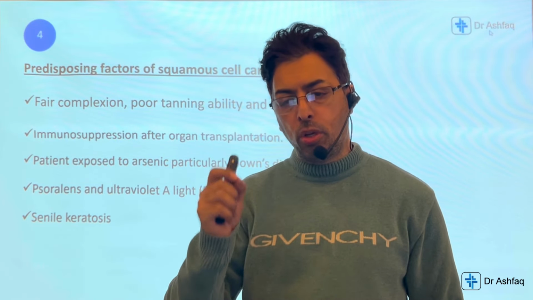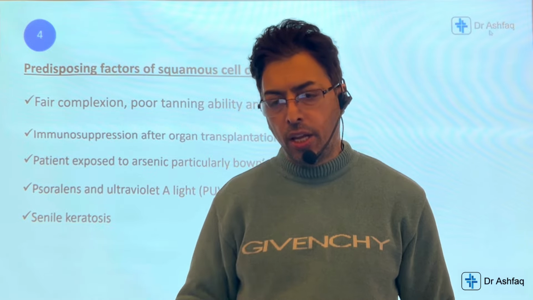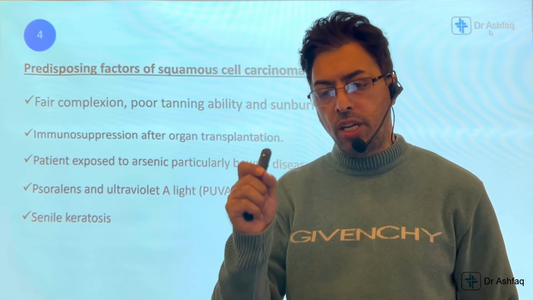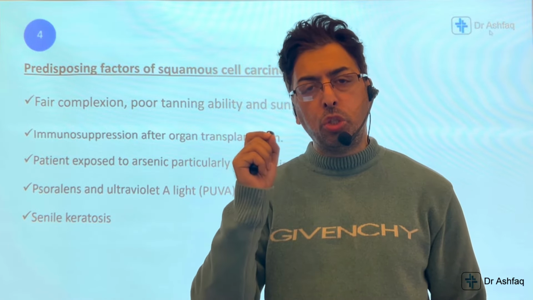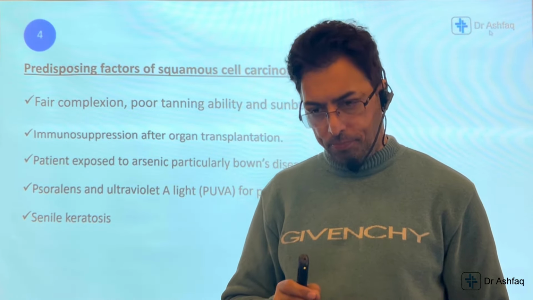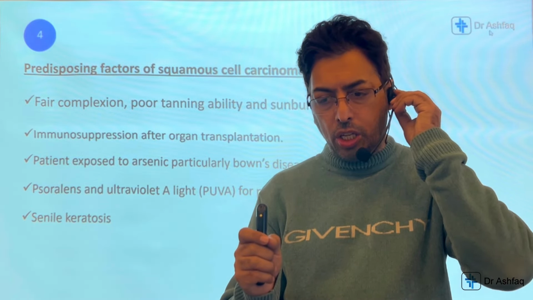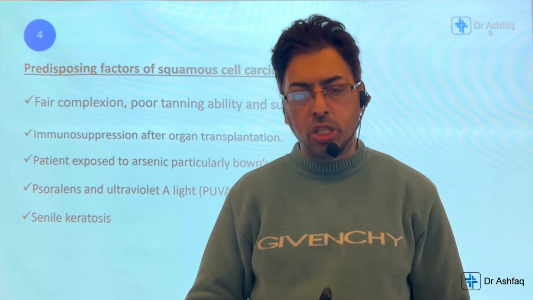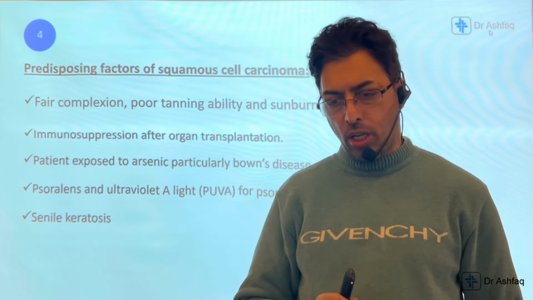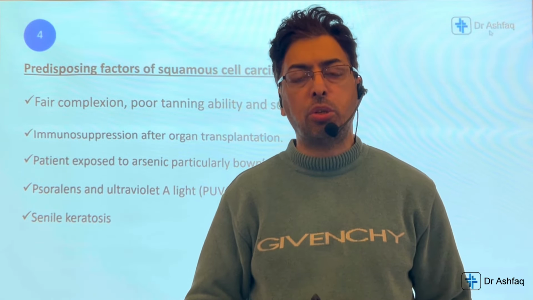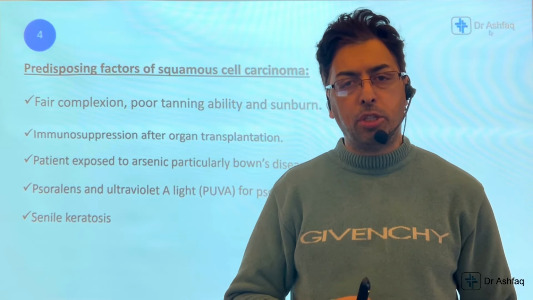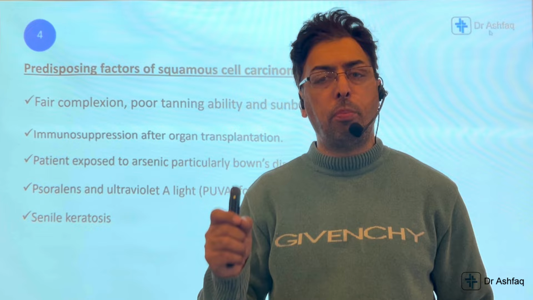Now, who are the people who are more at risk? They are the fair complexion people, the white with poor tanning ability, and people who generally are predisposed to sunburns. Bowen's disease and erythroplasia of Queyrat, which I mentioned, predispose more to squamous cell carcinoma, and so does immunosuppression associated with long-term intake of steroids, tuberculosis, HIV, lymphomas, leukemias.